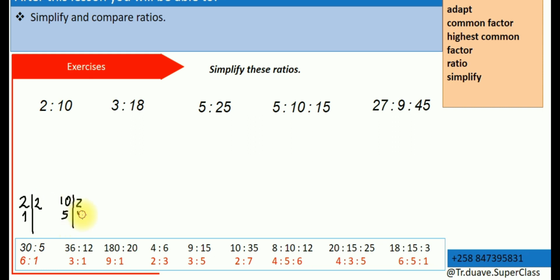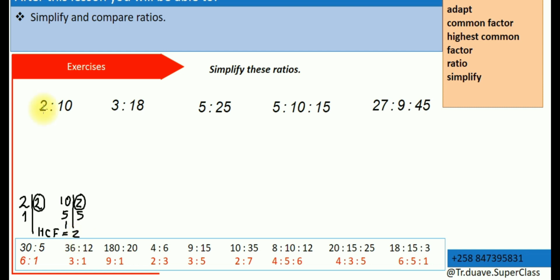Divide it by 5, the result is 1, and we are done. Now we have to circle the common numbers. We have these two, which means the highest common factor is just 2, right?